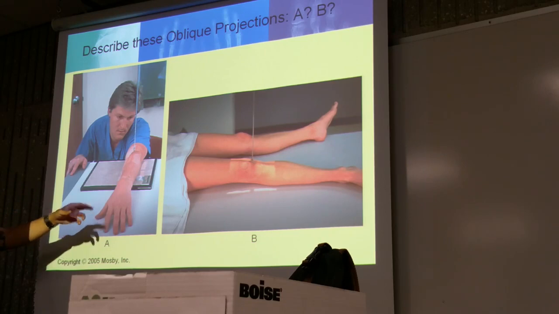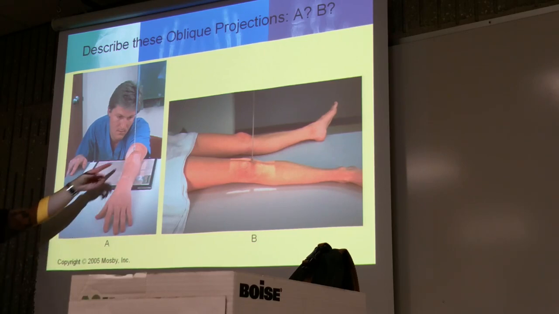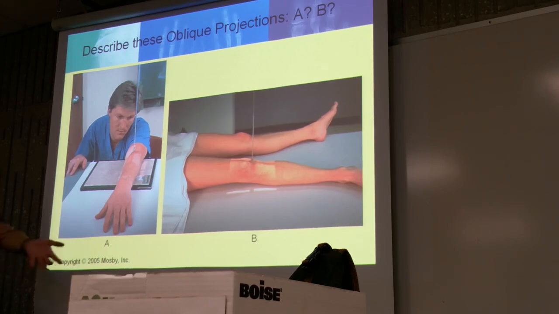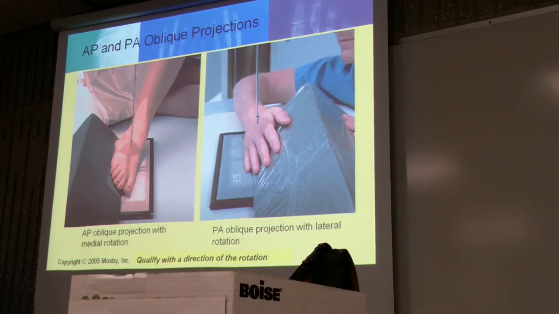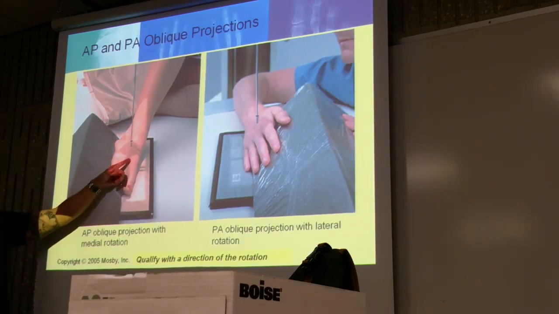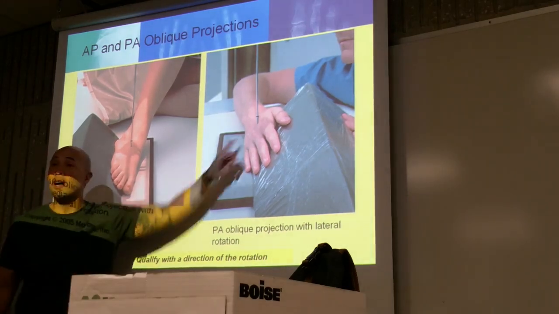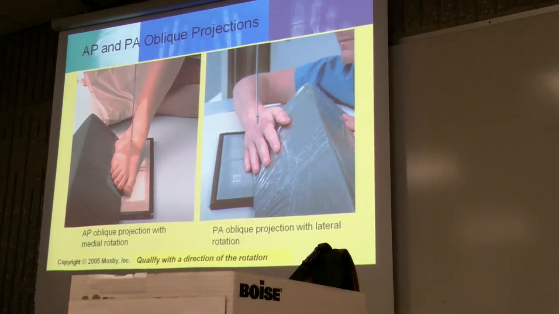The other body parts, like this for example, it's neither AP nor PA, because it's entering a spot between the front and the side. Whereas this is more obvious because it is entering the anterior surface, and this is entering the posterior surface.